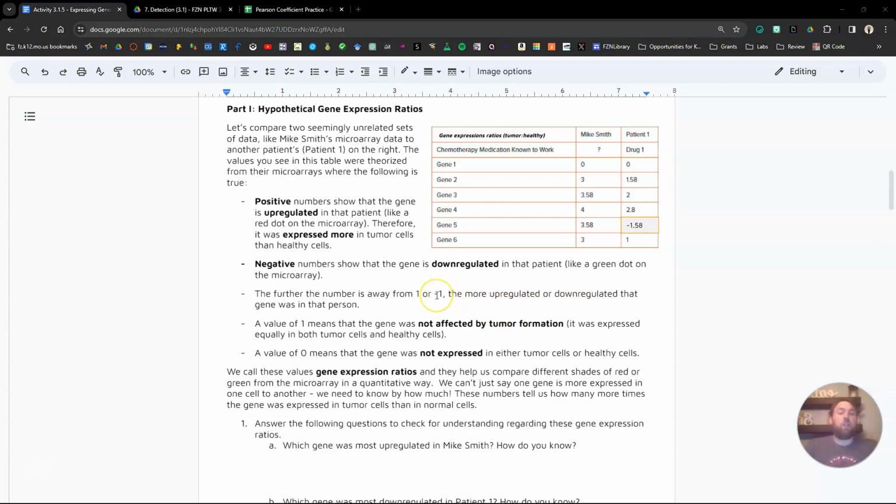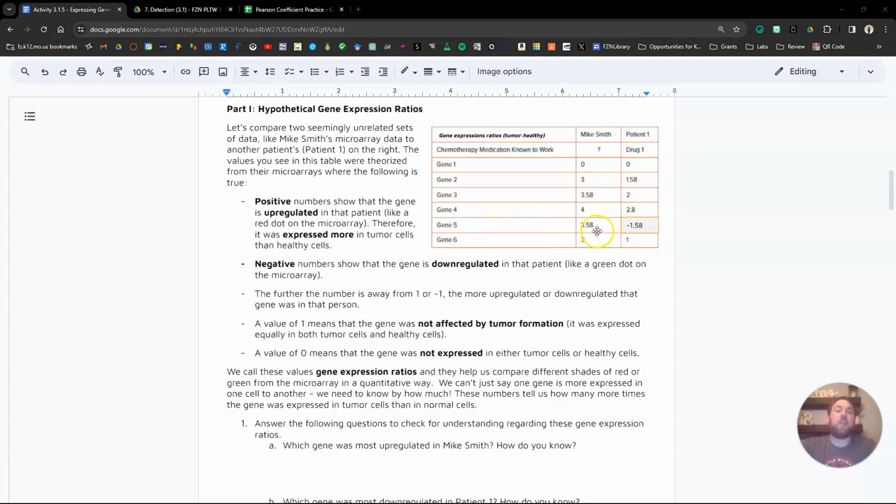Now, the further away from 1 or negative 1 these values are, the more upregulated or more downregulated that gene is in that person. So this gene number 4 is really upregulated in Mike Smith and only somewhat upregulated in patient 1.